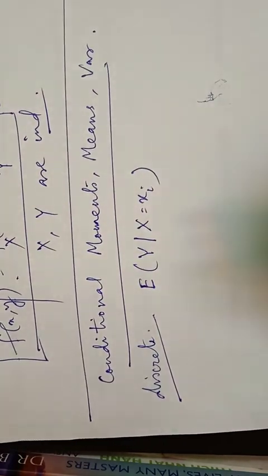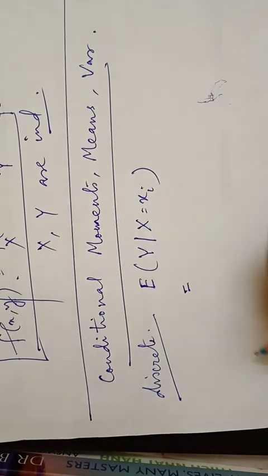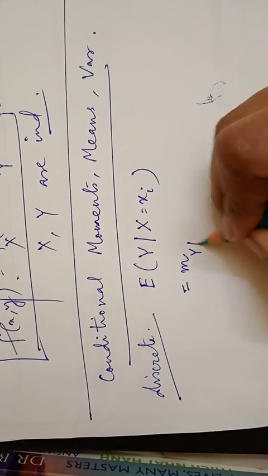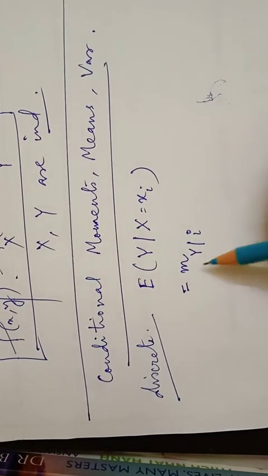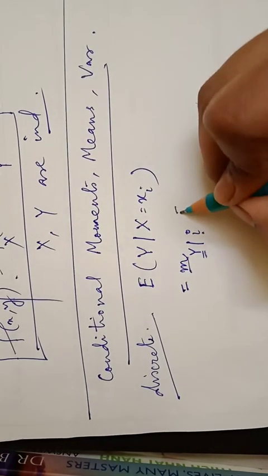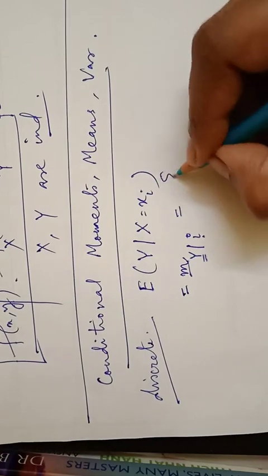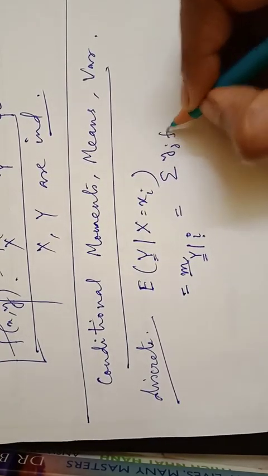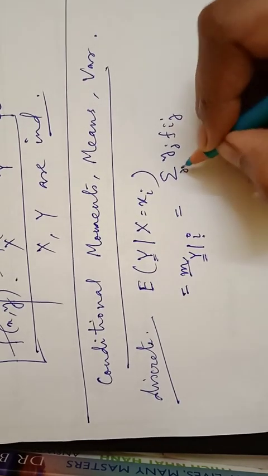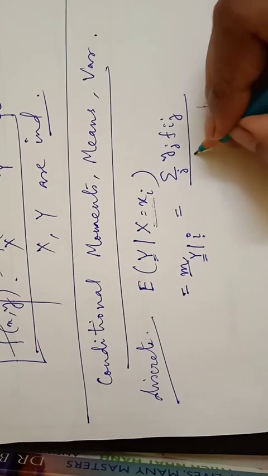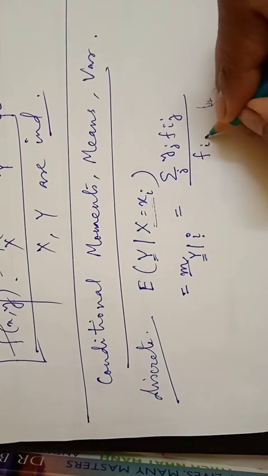For the discrete case, it is denoted by m_y|i, that means expectation of y when x equals to xi has already happened, and this is defined as summation over j of yj f of ij divided by f of i dot.